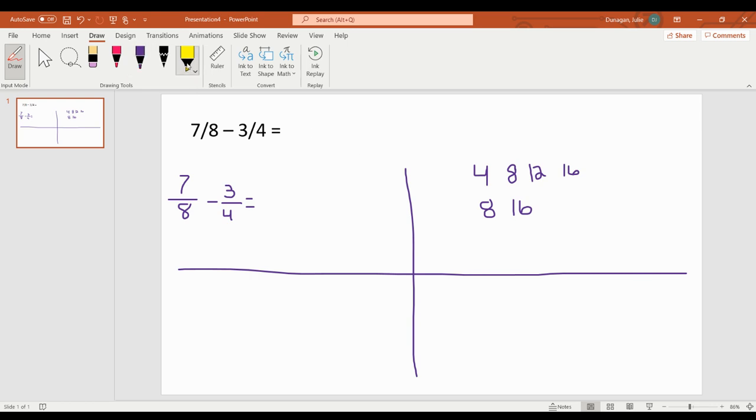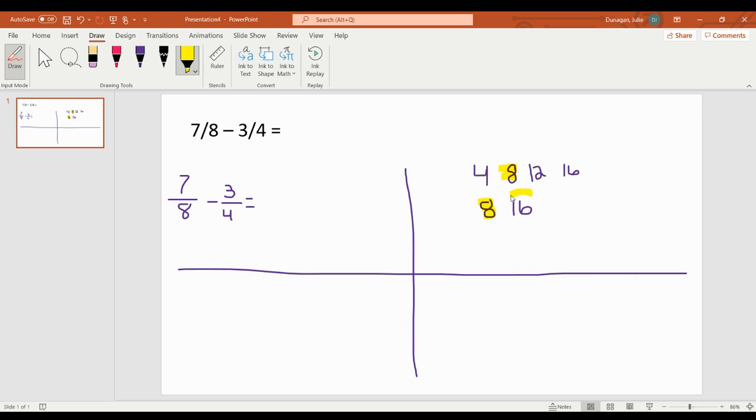Okay, I'm going to stop here and I'm going to look across my 4s and I'm going to look across my 8s to find a number that they have in both rows. Well, I have 8 here and I have 8 here. So that is my least common denominator.